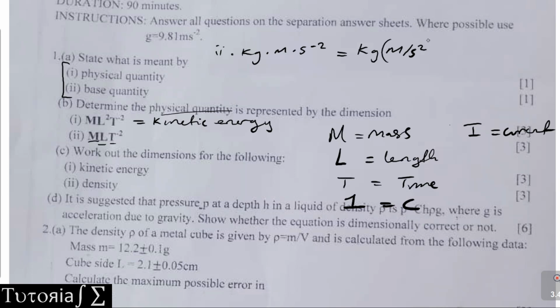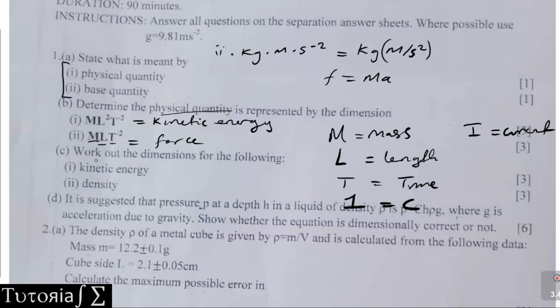So meters per second squared is acceleration, and kg is mass, so this is ma. What has the formula ma? This is a force. Okay, and you're done there.